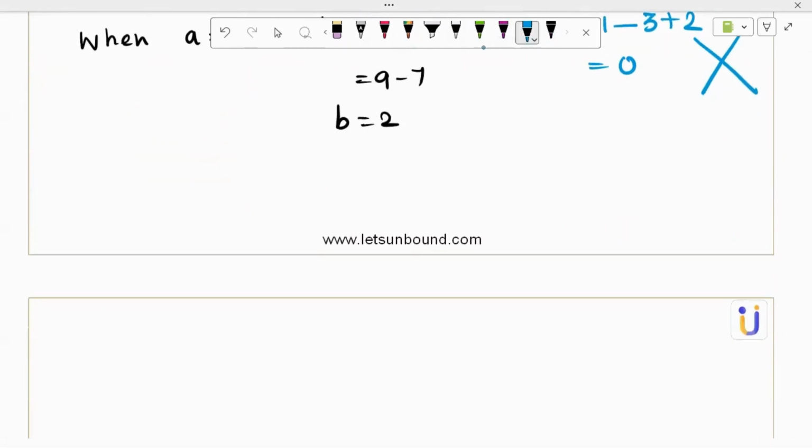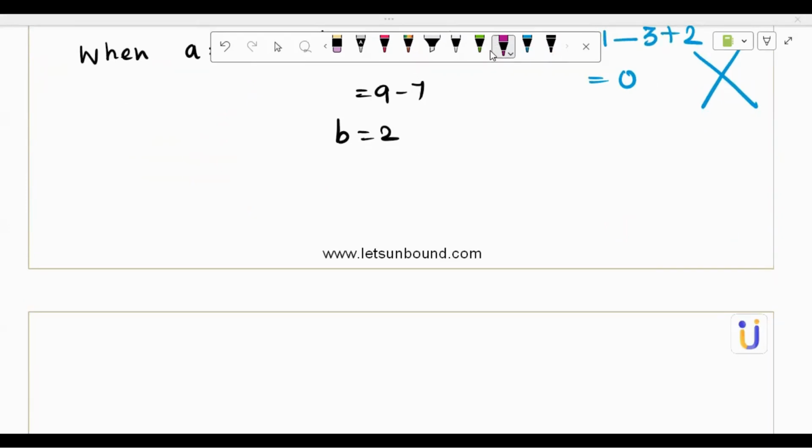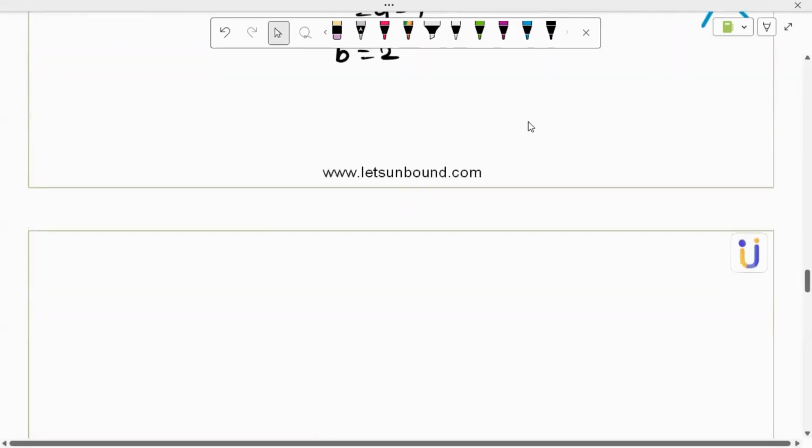And then when A is equal to 4. Okay, 4 and 5 we need to check. Let's check for 4. When A is equal to 4, B is 3A minus 7, and C is going to be 1 minus A plus B, right?